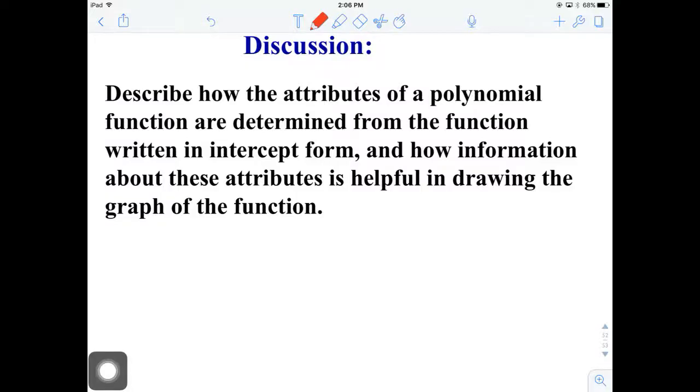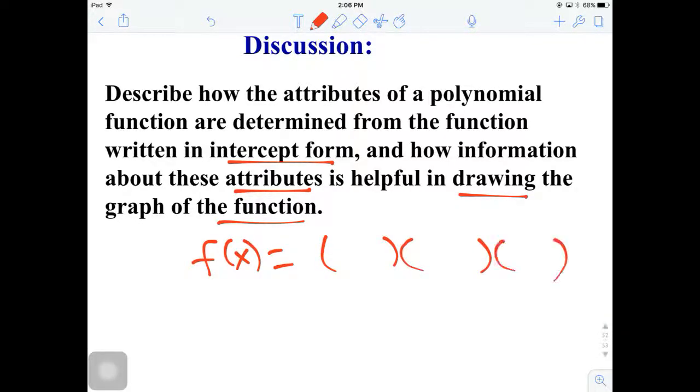Describe how the attributes of a polynomial function are determined from the function written in intercept form, and how information of these attributes is useful in drawing the graph of the function. So, if we have a function in intercept form, which means they're actually factors like this, you can set the equation equal to 0 and get the x-intercepts.